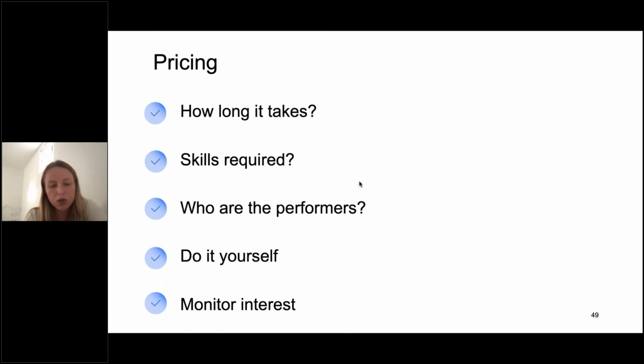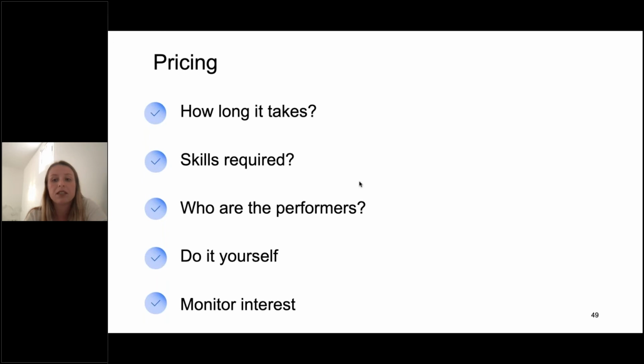You should also think who your performers are and maybe focus on the geographical distribution. If you require people to live in some specific country or speak a specific language, again, you should adjust the price accordingly.